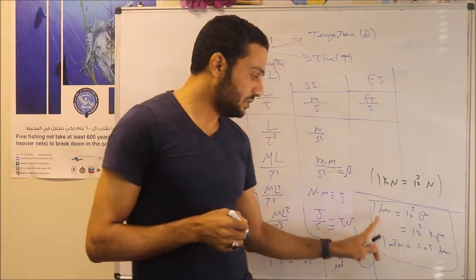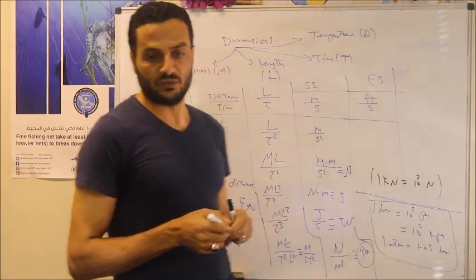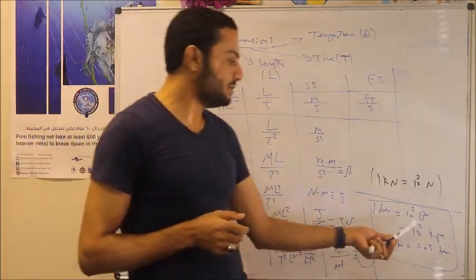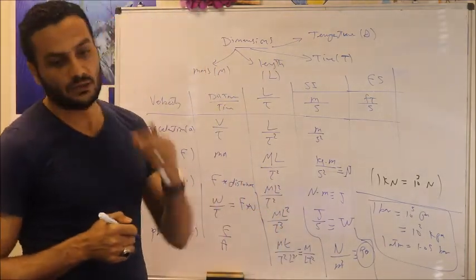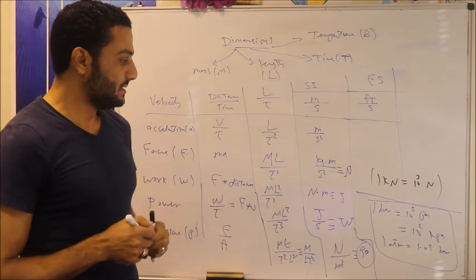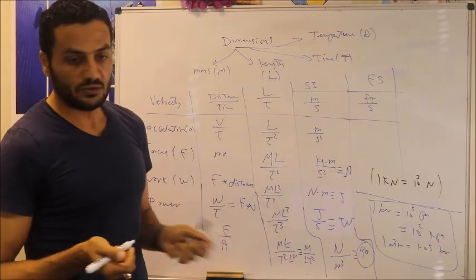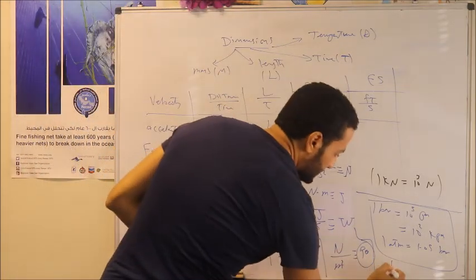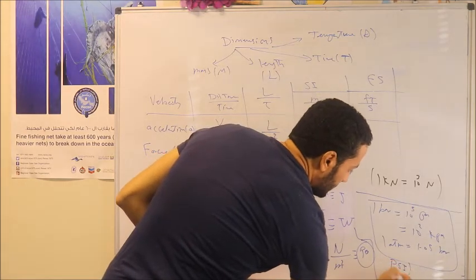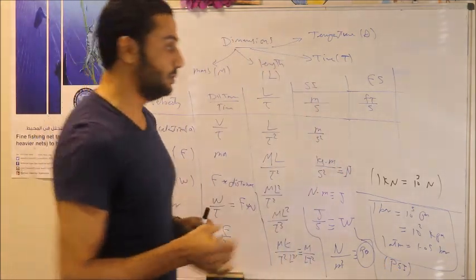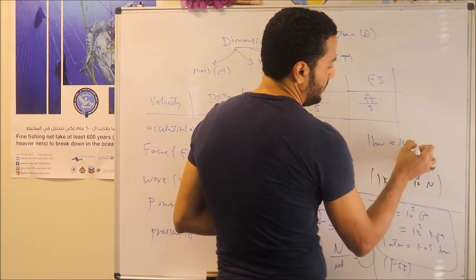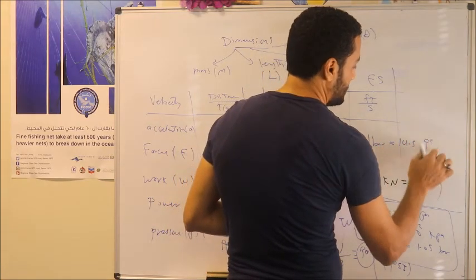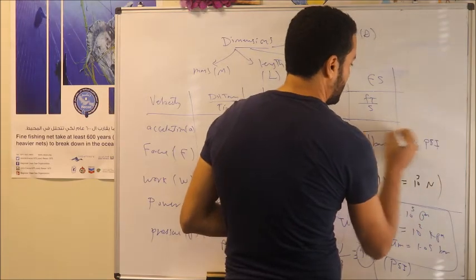So 1 bar is almost equal to 1 atmospheric pressure, and 1 atmospheric pressure is about 10 to the power 5 Pascal. You have to keep those values in mind. In the English system of units, they use another unit for pressure, which is PSI, pound per square inch. 1 bar is equal to 14.5 pounds per square inch, or PSI.